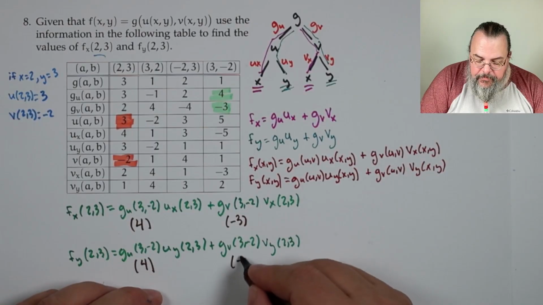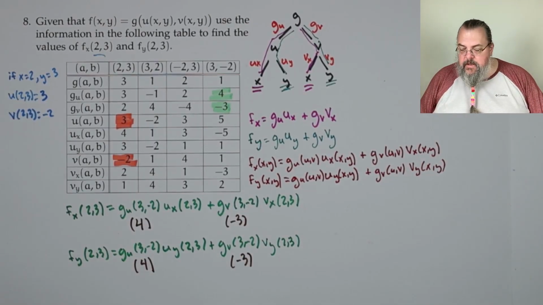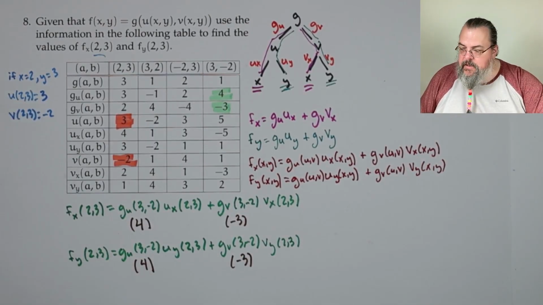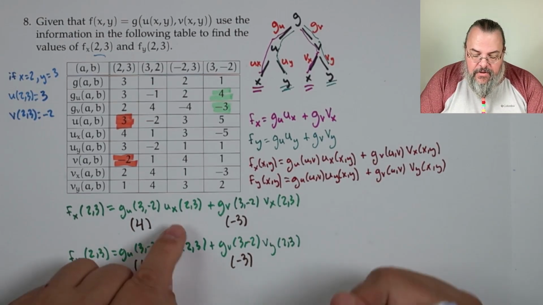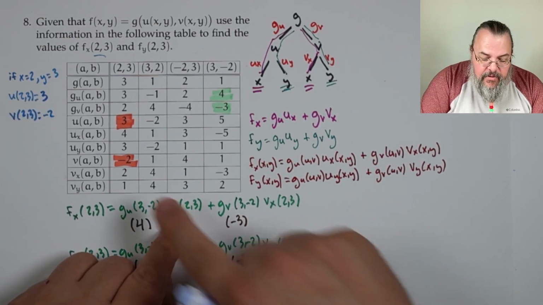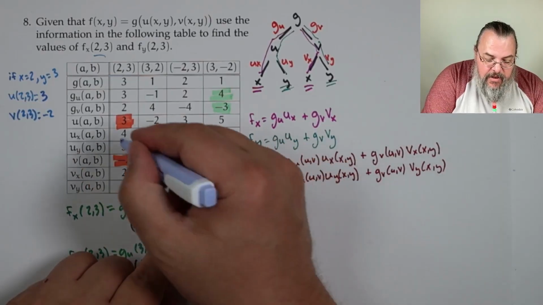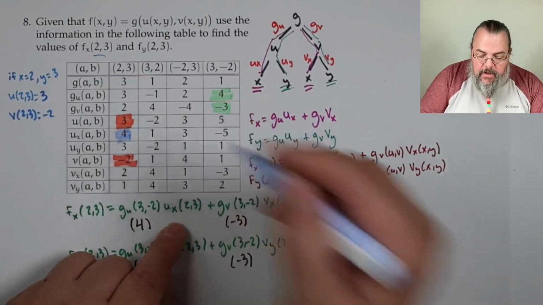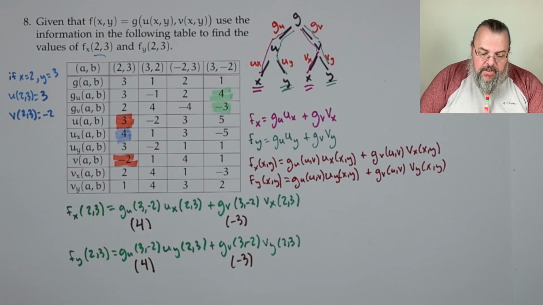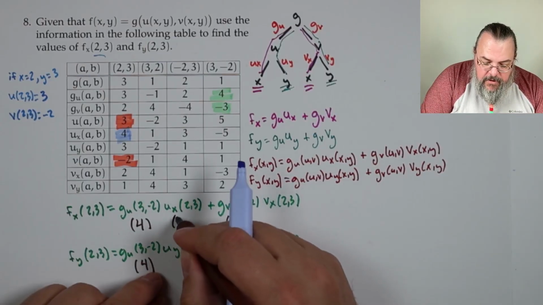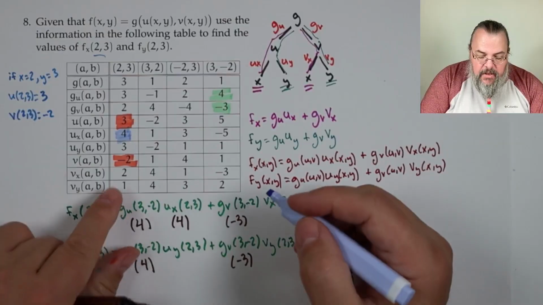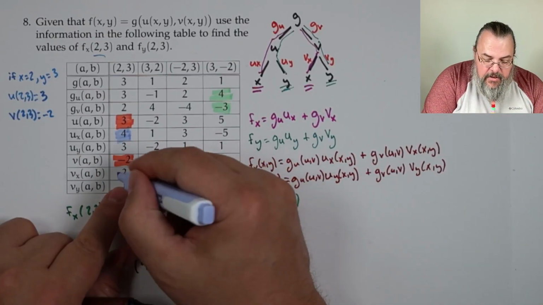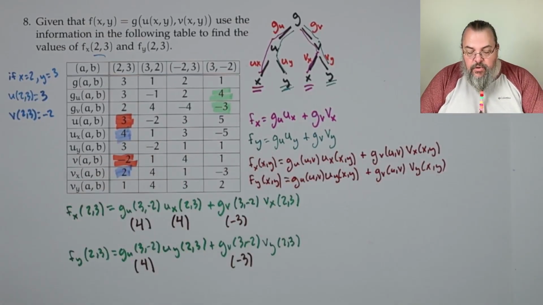And we're almost there. We're in the home stretch. All right. We need u sub x at 2 comma 3. So u sub x at 2 comma 3, that's 4. So we'll put here a 4. And v sub x at 2 comma 3, okay, here we are. That's a 2.